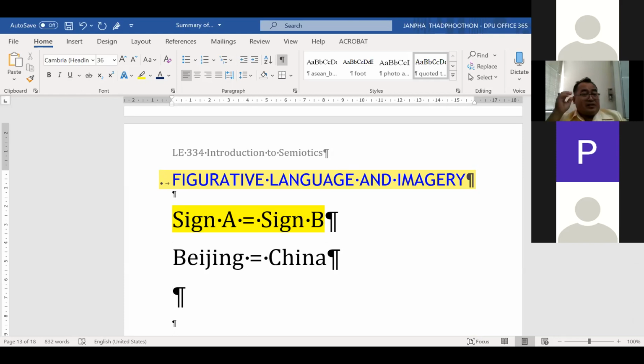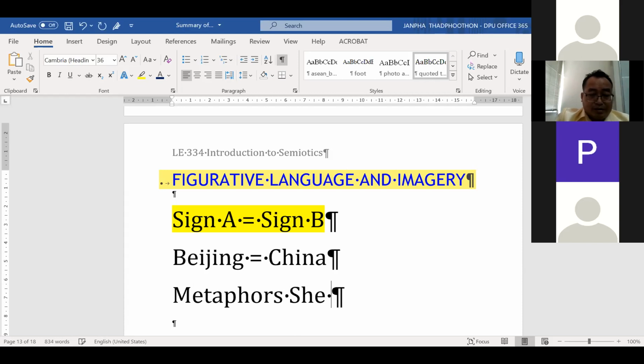Now remember the word metaphor. Metaphor is a direct comparison between sides. Like she is a tiger. He is a fox. What does it mean?